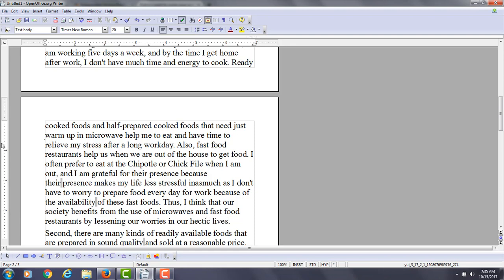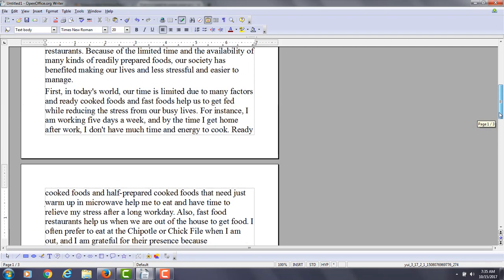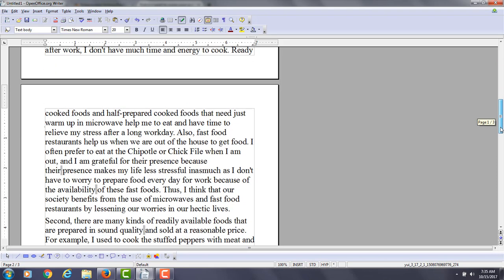Maybe you could say that. Thus, I think that our society benefits from the use of microwaves and fast food restaurants by lessening our worries in our hectic lives. So I made a few changes. I made some changes with your topic sentence here to help create a more coherent organization here.